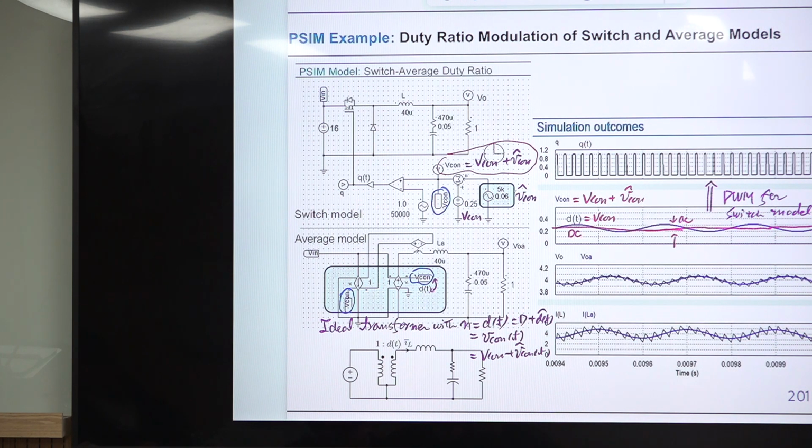Previously it was V con, the control voltage, but it becomes d(t). All right, so d(t). It was V con, but it becomes d(t).